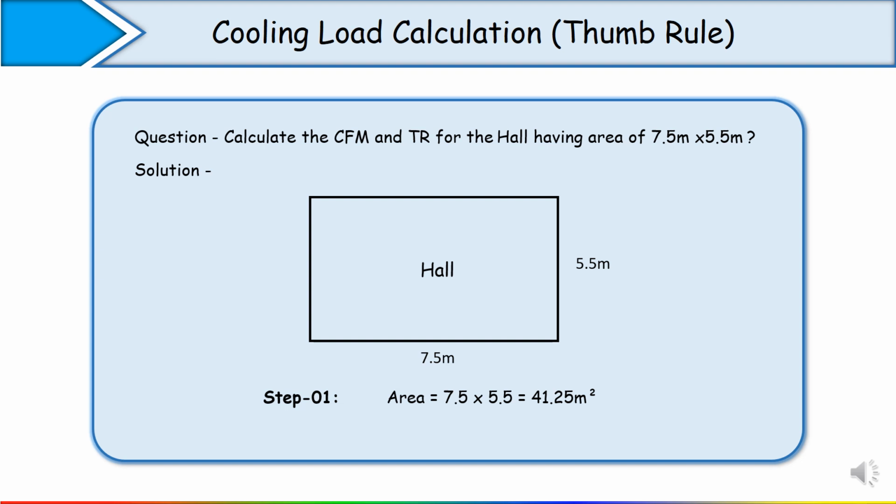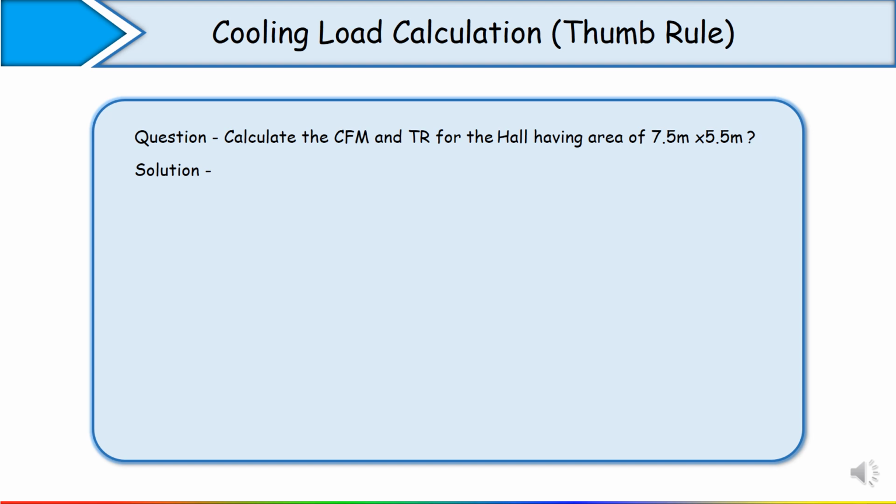Here the values are already given in meter, means the length and width of the room in meter. So when you calculate, you will get the area of 41.25 square meter, correct? Once you have calculated the area, by using the thumb rule you can use the formula here. TR is equal to area in square meter into 0.07.